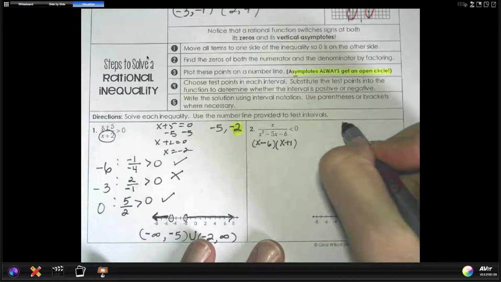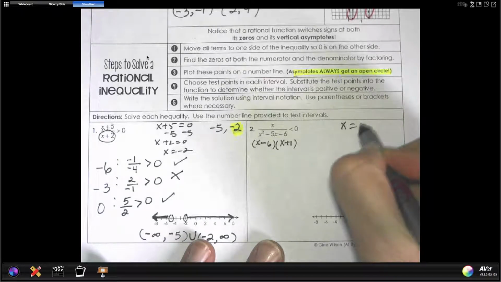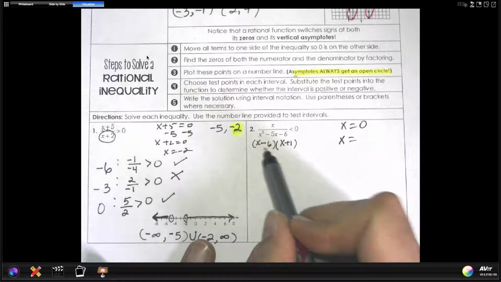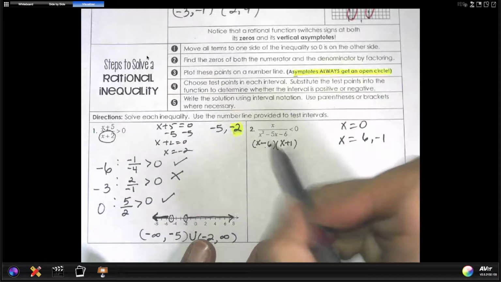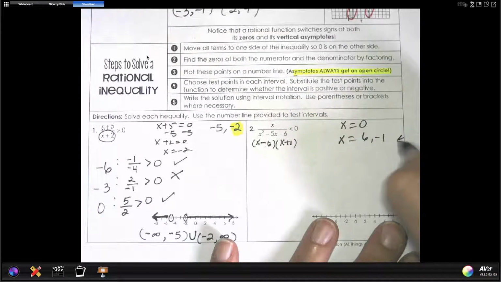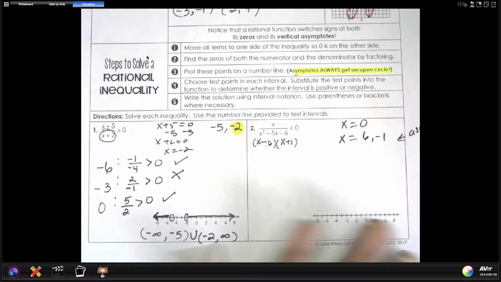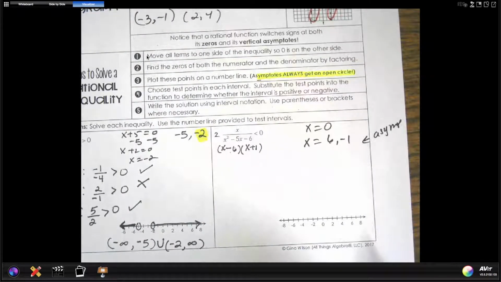So my zeros are, the numerator is just going to be 0. My denominator, if I solve this, I'm going to have 6 and a -1. Remember, since this is the denominator, these are my asymptotes. They must be an open circle. But since this inequality is not an equal to inequality, everything's going to be an open circle.